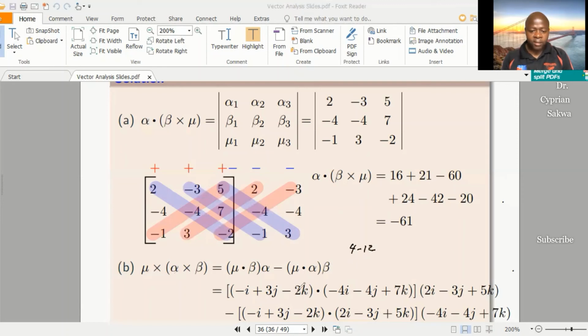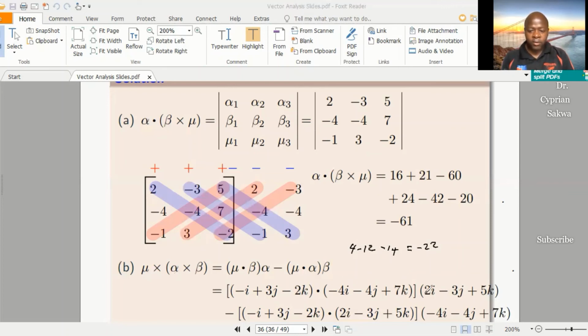And I have negative 2 times 7, which gives me negative 14. So the total would be negative 26 plus 4, which is negative 22.